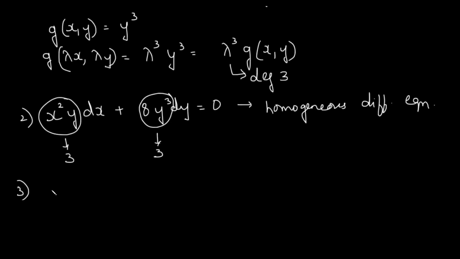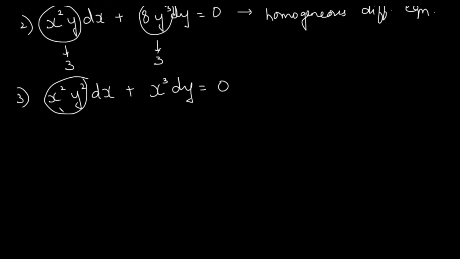Say another example. Suppose there is x square y square dx plus x cube dy is equal to 0. Now the first function, x square y square, what is its degree? The degree of x square y square is 4, that is lambda raised to 4 we get.